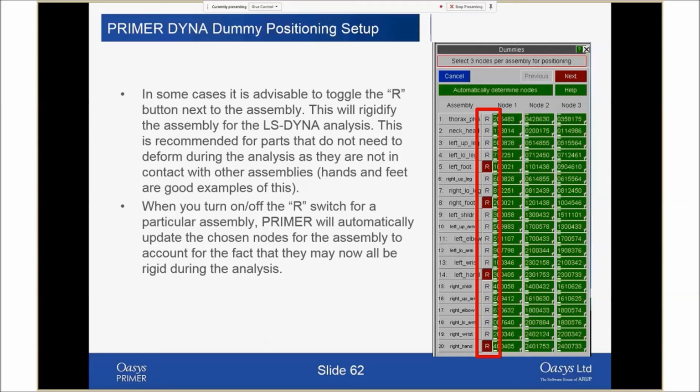Now this is something else you can specify per assembly. There's a little R button next to each assembly, and here you use this to specify if you want to rigidify a particular assembly for the analysis.